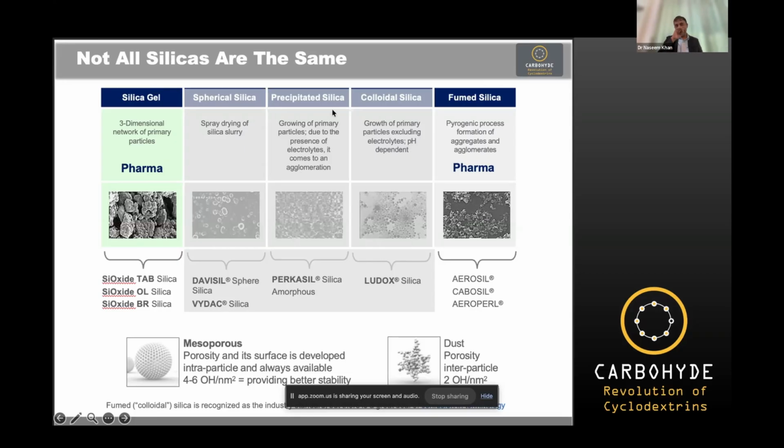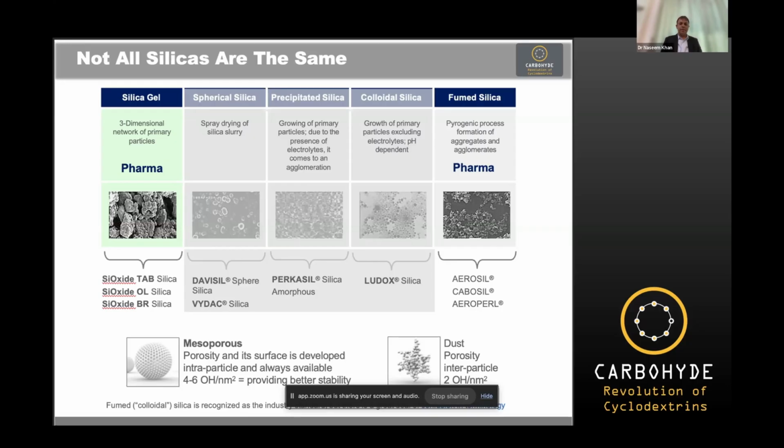Basically there are four types of silicas: precipitated silica, fume silica, and mesoporous silica, where sometimes mesoporous and microporous all come under that category. Then there is a type called hollow silica as well. So majorly there are four types of silica.